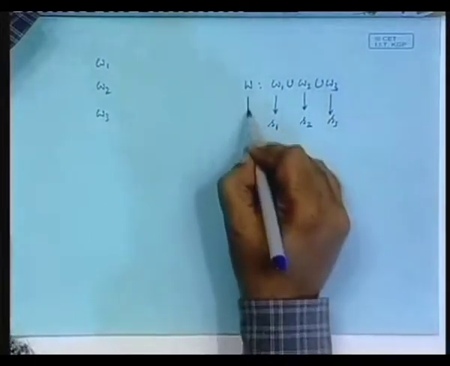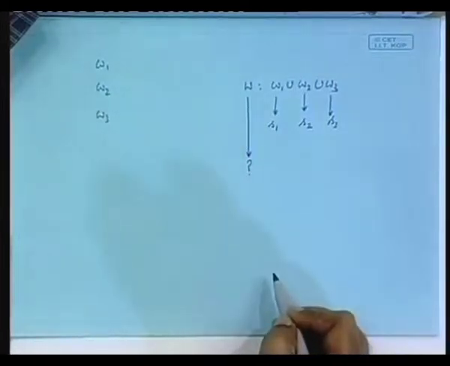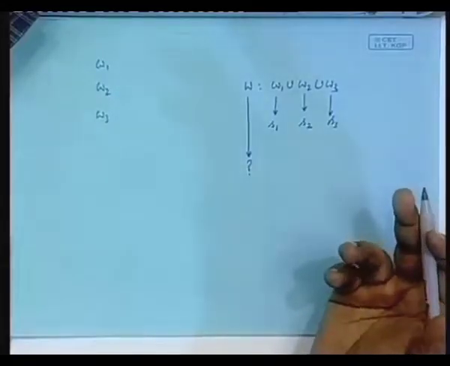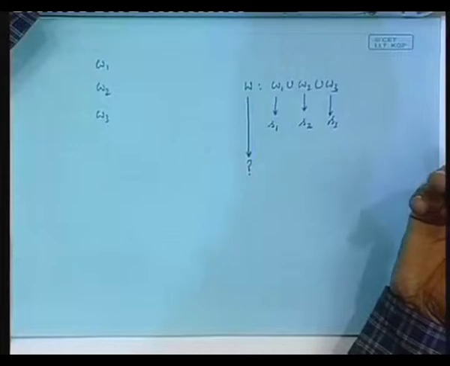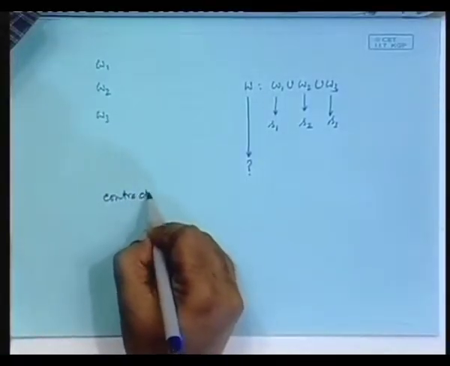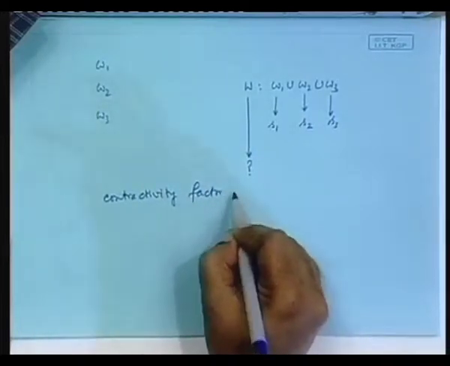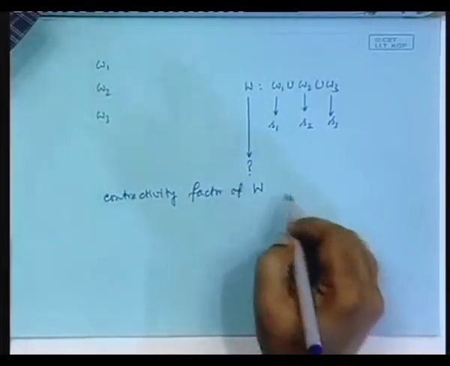Then what is the contractivity factor of capital W? Yes, again that follows from common sense, and therefore there is no point going into a detailed proof. It is the maximum.